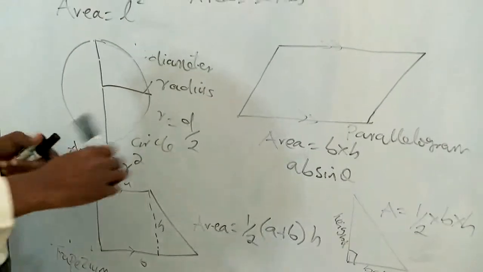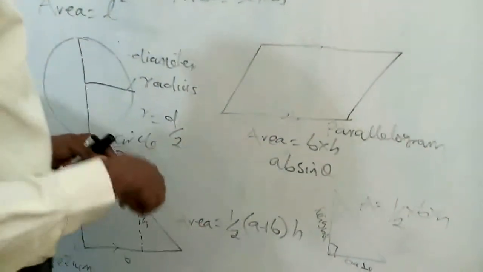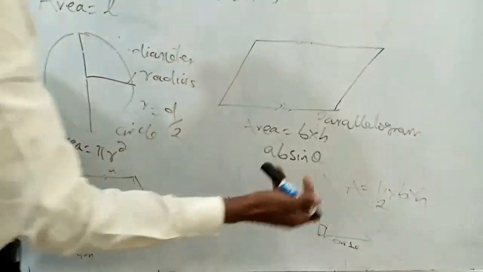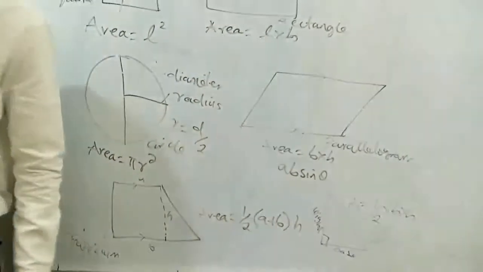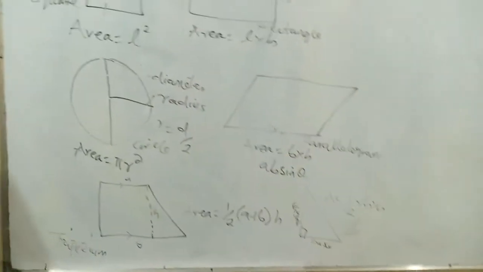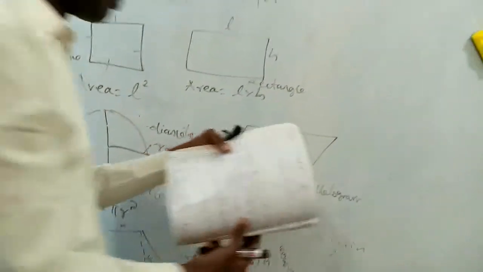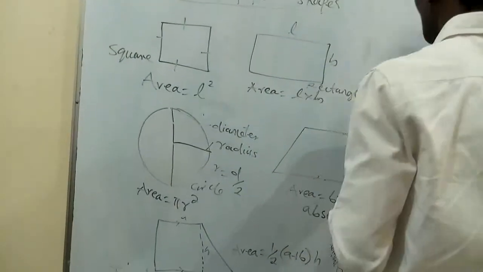There's another formula for calculating the area of a triangle which we look at when we are solving problems. For now, we have half times base times height as the formula for calculating the area of our triangle. So let's solve the problem.